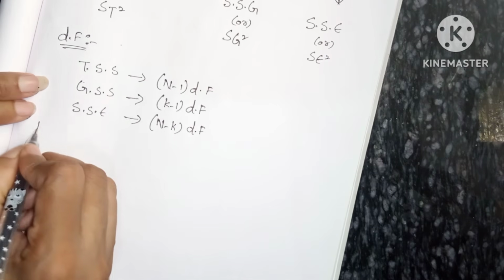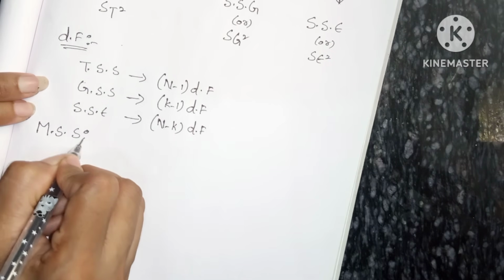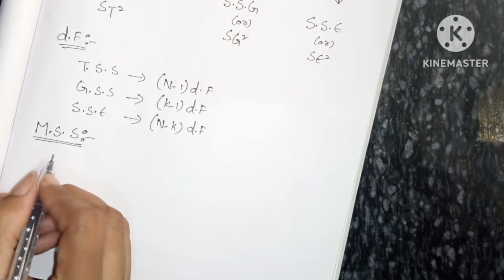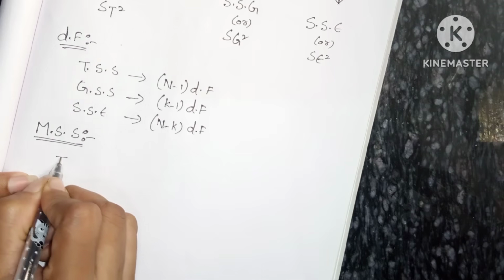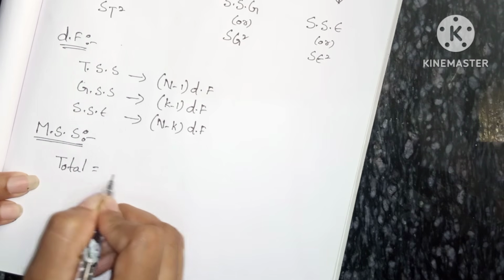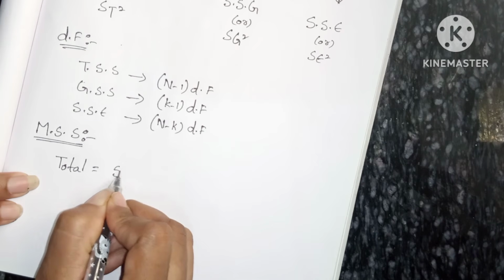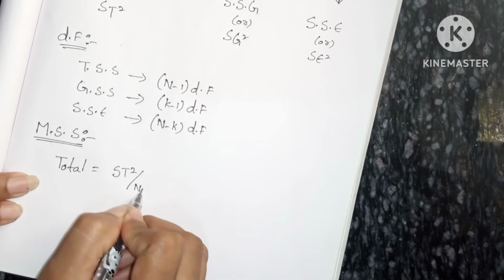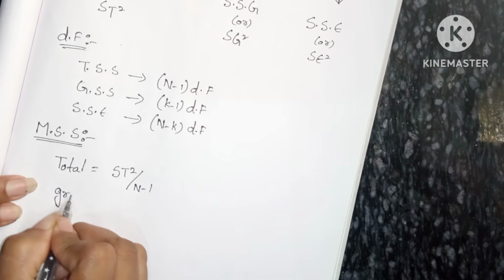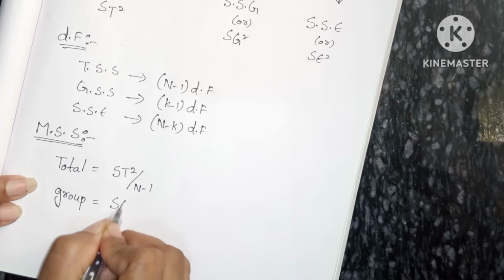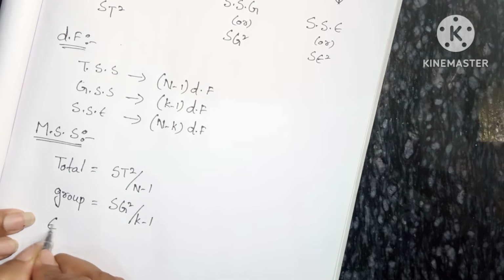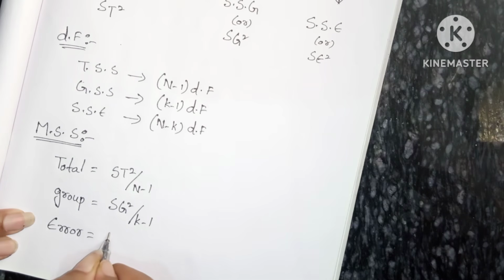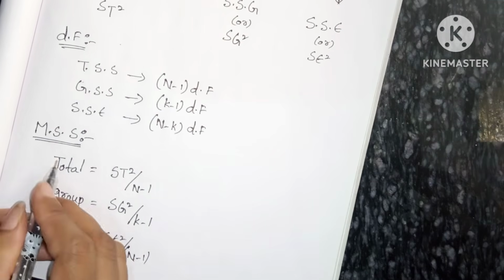And the next is mean sum of squares. The formula for mean sum of squares for total equals ST squared by N minus 1. Okay, for group, SG squared by k minus 1, and for error, SE squared by N minus k. So these are the formulas.